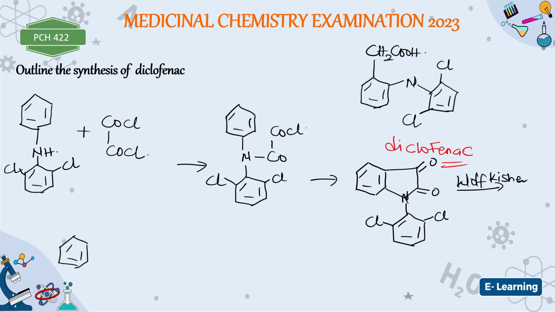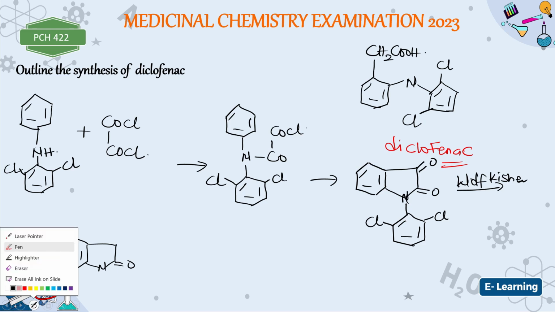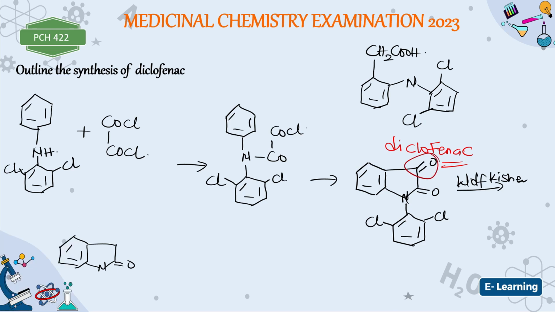So you're going to have something like this. Then you have N. Here will be double bond O. There will be nothing here again, because the Wolff-Kishner reduction is capable of converting this C double bond O to what? To CH2. So that is the reason why the double bond that was here is not here again. And then of course we have our other ring.